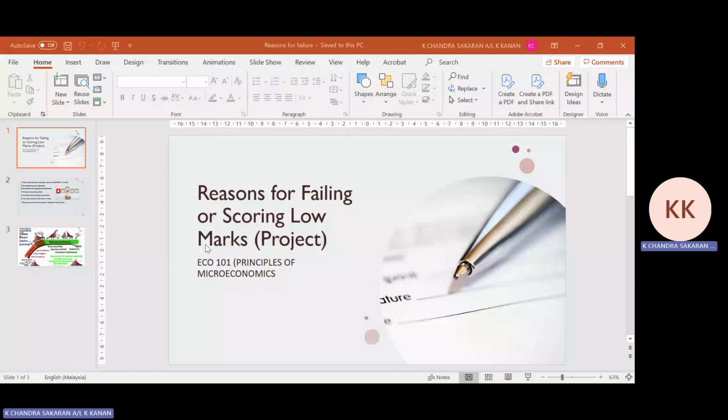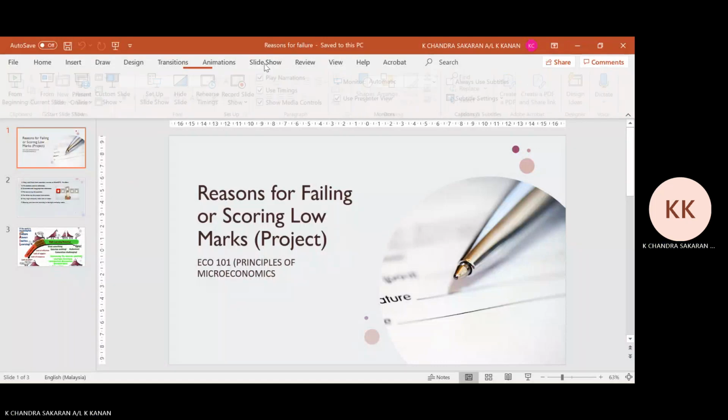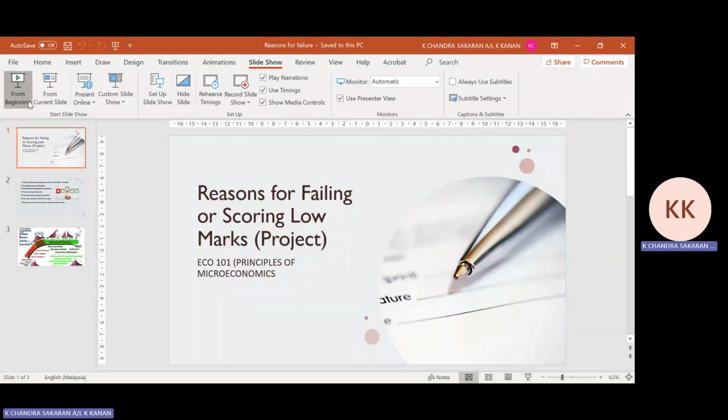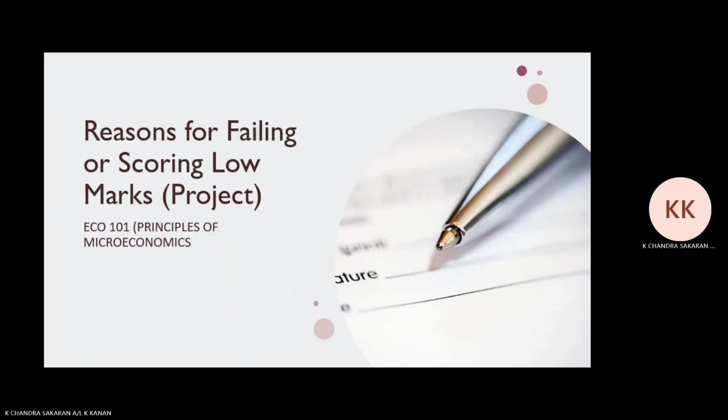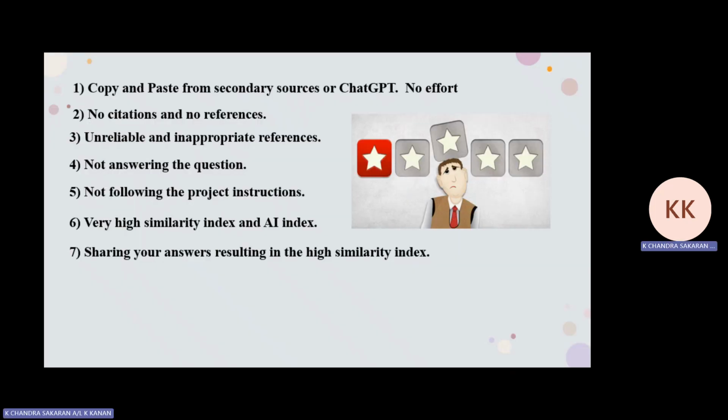Why may students fail? Reasons for failure. Number one, bear in mind, copy and paste from secondary source or ChatGPT. Don't do that. Don't copy paste. You can take from the source, but write on your own.